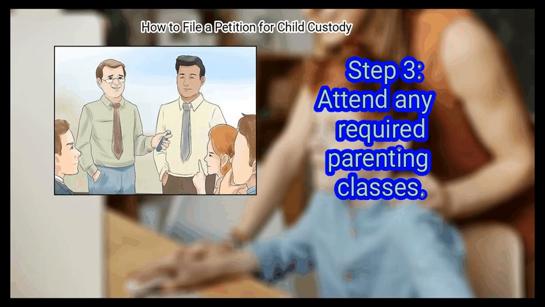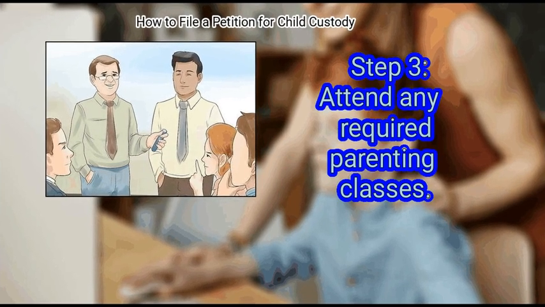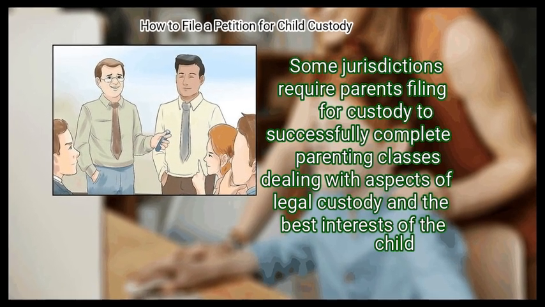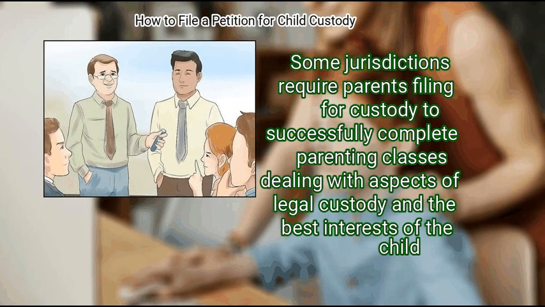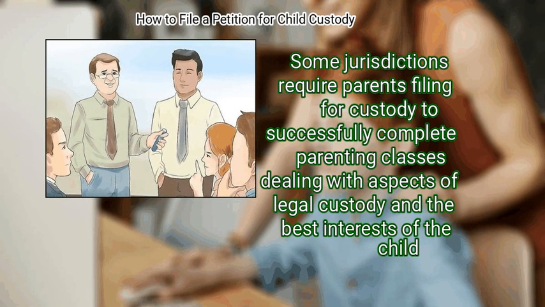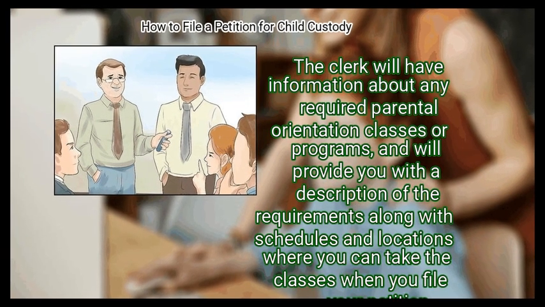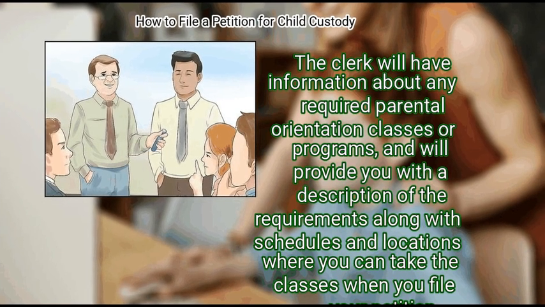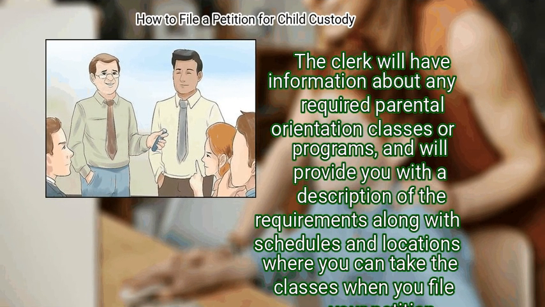Step 3. Attend any required parenting classes. Some jurisdictions require parents filing for custody to successfully complete parenting classes, dealing with aspects of legal custody and the best interests of the child. The clerk will have information about any required parental orientation classes or programs, and will provide you with a description of the requirements along with schedules and locations where you can take the classes when you file your petition.